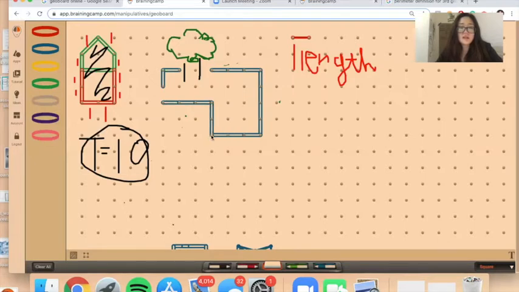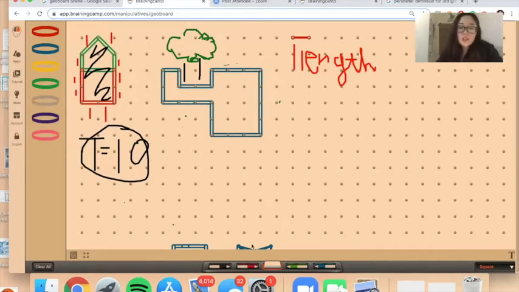Let's make this a polygon that has all enclosed sides, no open spaces, or open sides at least. So aha, here's my polygon, my new pool.